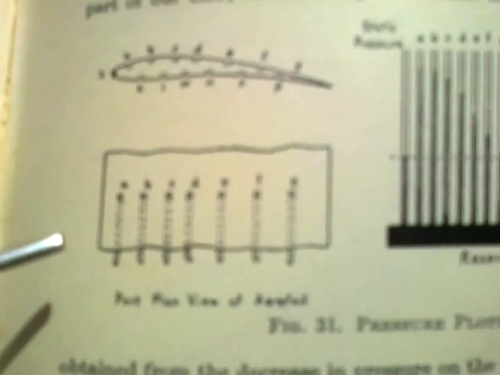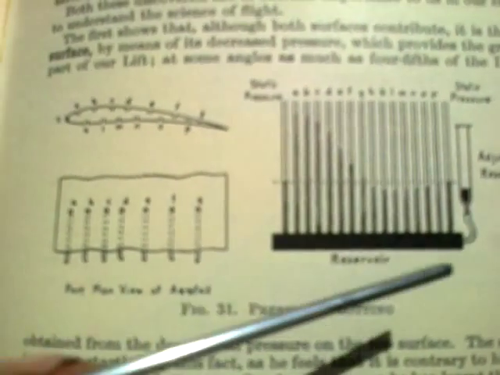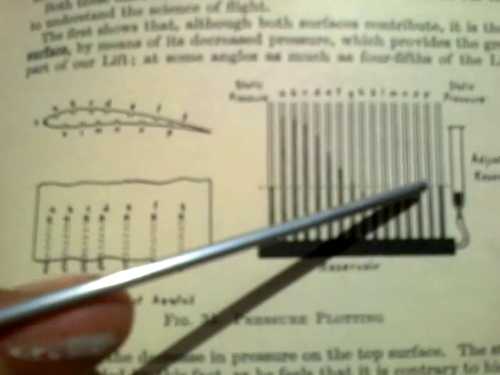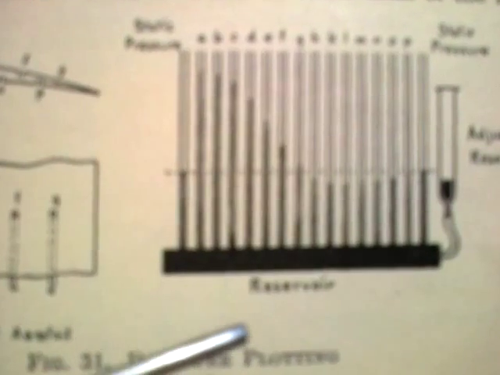Vent ports labelled H at the front, A, B, C, D, E, F, G, K, L, M, N, O, P, top and bottom on the wing. We have a fluid reservoir, an adjustable reservoir. We have the datum line to which all the glass tubes were filled.